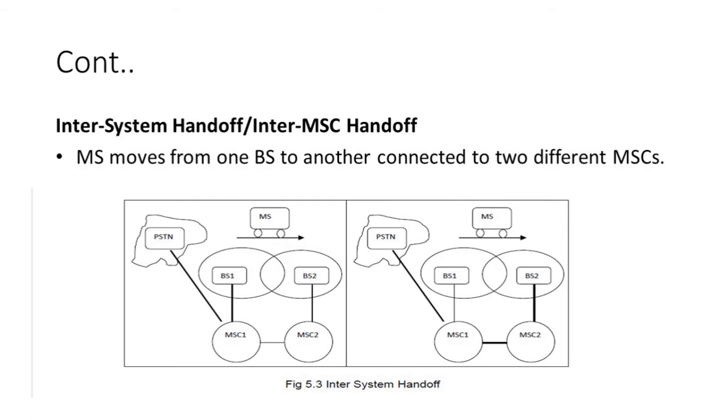MS is moving from BS1 to BS2, and as soon as BS2 gets a strong signal, it connects through MSC2, and you can see a dark line in the second diagram between BS2 and MSC2 and MSC1. So the line which was earlier darker between BS1 and MSC1 is now lighter, means the connection has been de-established. So this is what happens when we are talking about inter system communication.